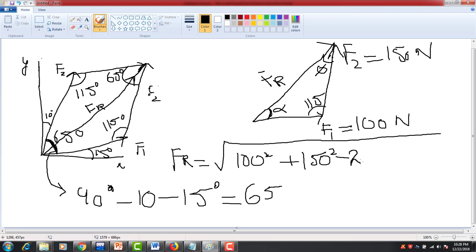minus 2 F1 F2, that is 2 multiplied by 100 into 150 into cos of the opposite angle. The opposite angle of this is this 115.